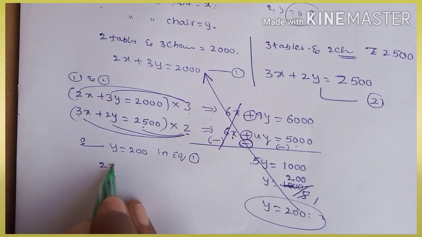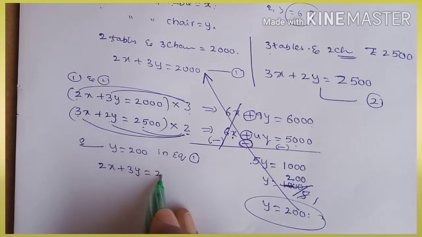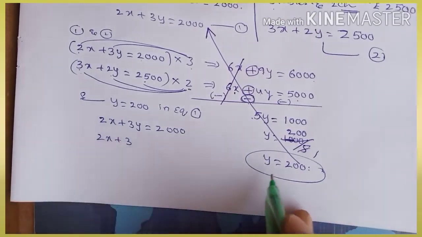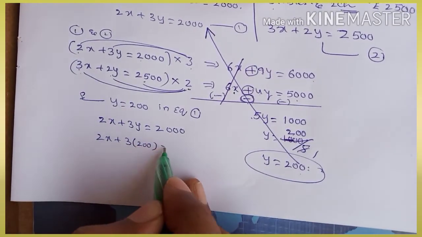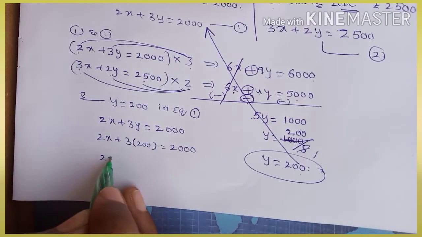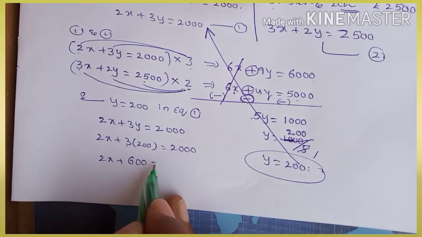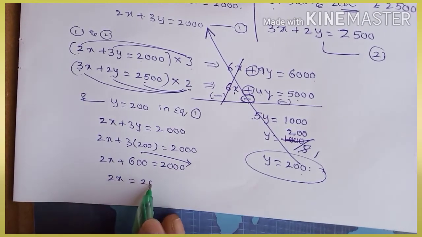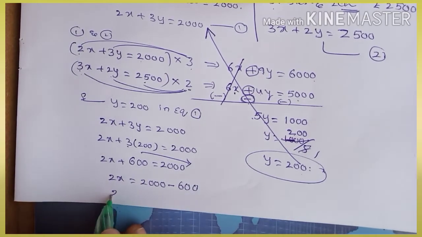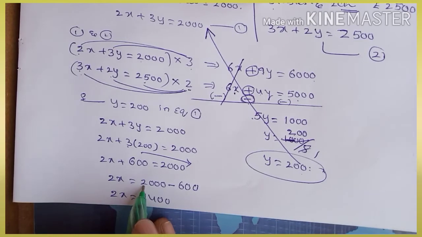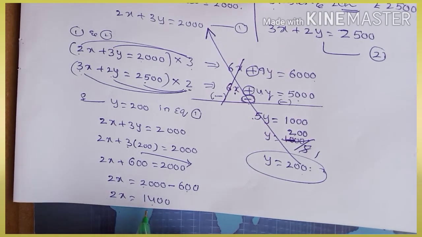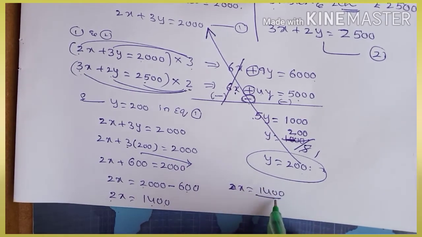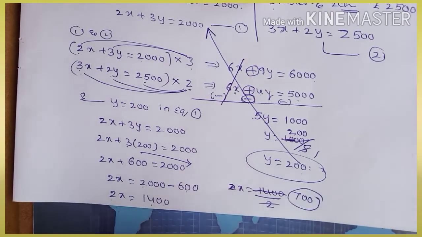What is equation 1? 2x plus 3y is equal to 2000. 2x plus 3 into 200 is equal to 2000. 2x plus 3 twos are 600 is equal to 2000. 2x is equal to 2000 minus 600, which is 1400. Then x is equal to 1400 by 2, which is 700.